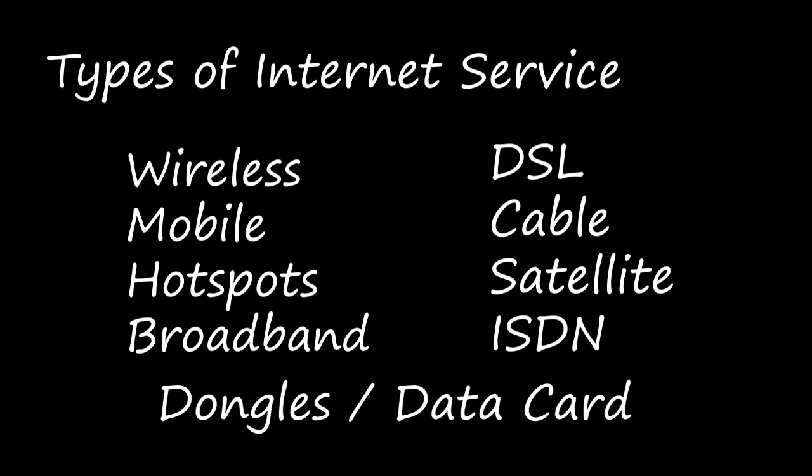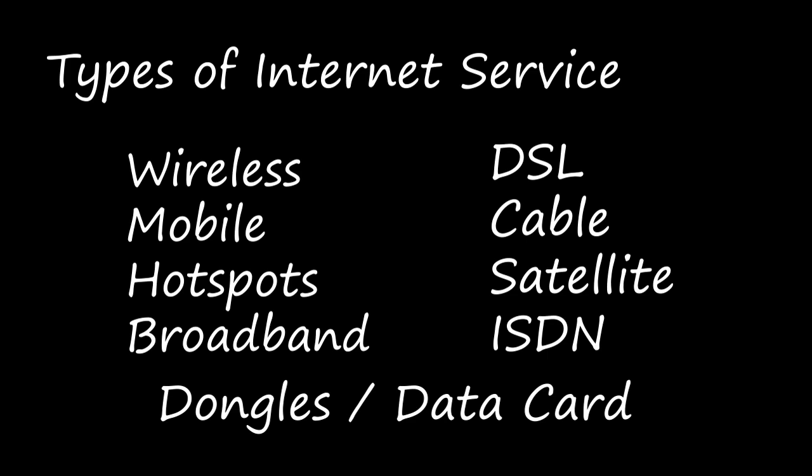And the next one is satellite. In certain areas where broadband connections are not yet offered, satellite internet options may be available. Like wireless access, the satellite connection uses a modem. Then the next one is ISDN, that is Integrated Services Digital Network.